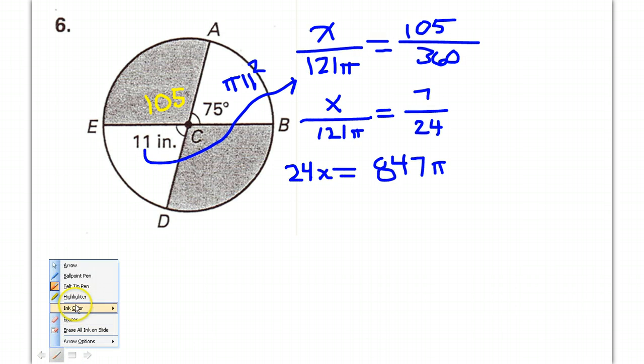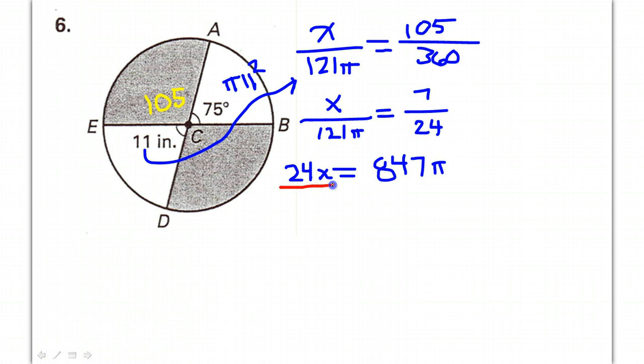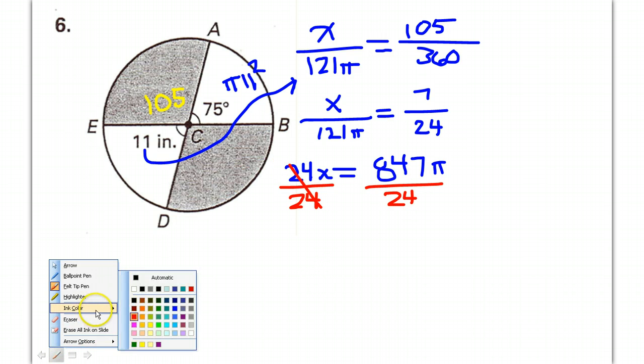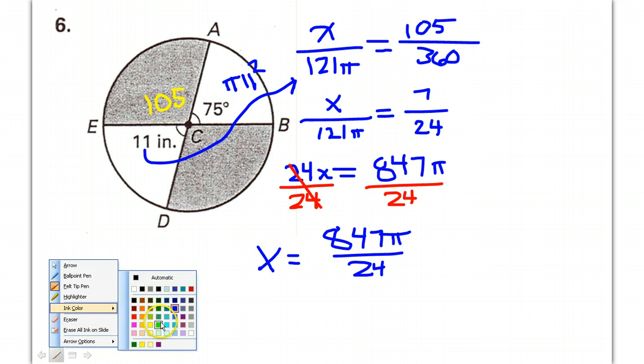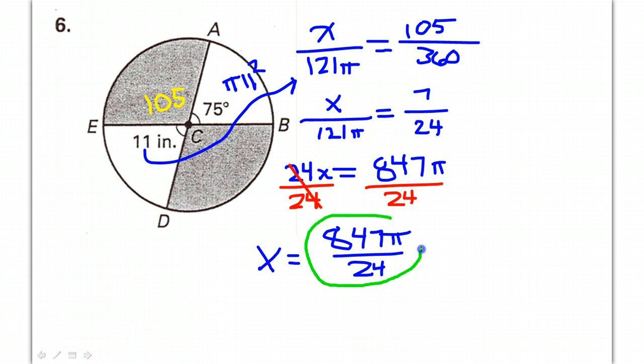Dividing both sides by 24, 110.87. Okay? All right, so please remember, this so far is only one sector.